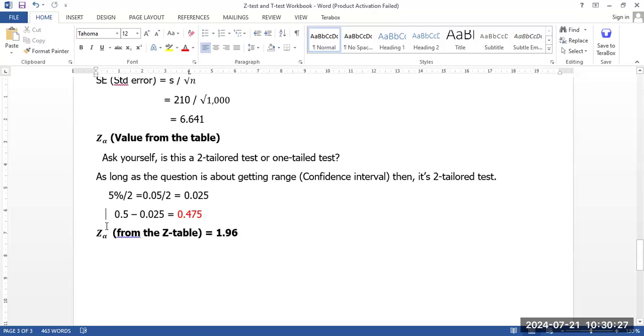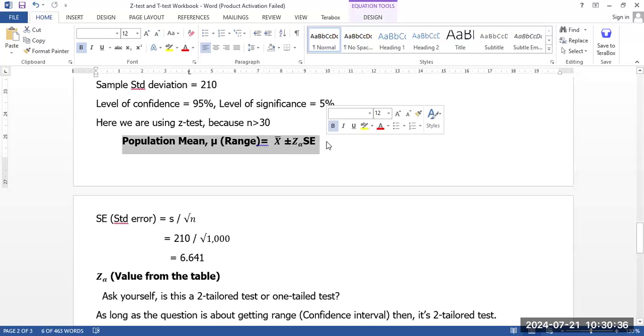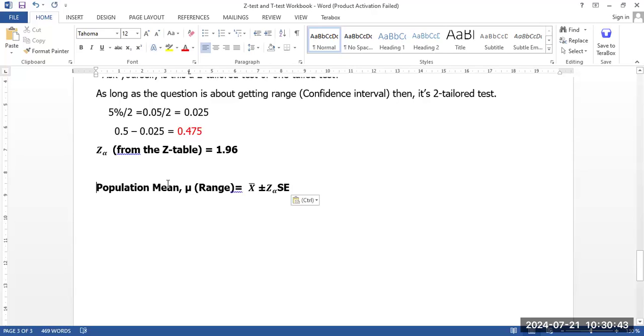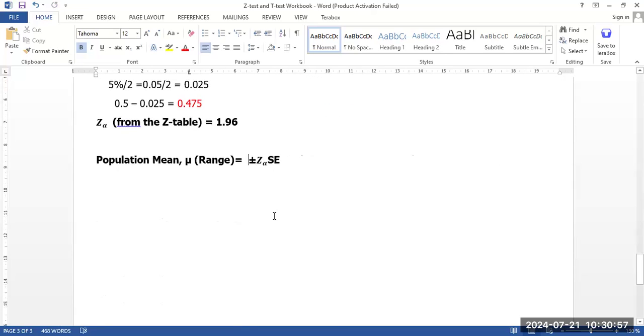So once you have Z, it means that we have everything in our formula. We can substitute. Where there is X bar, put your sample mean, which is 1,200.